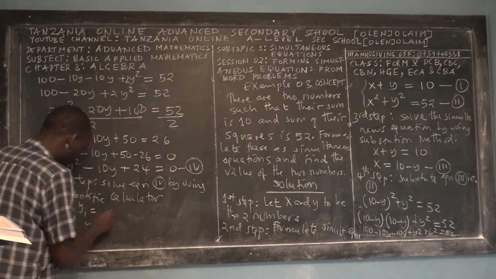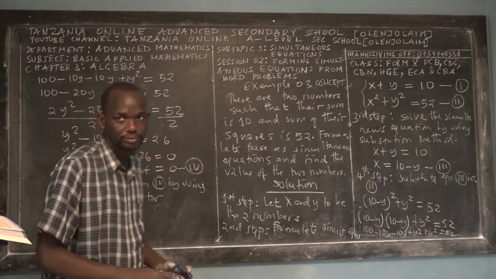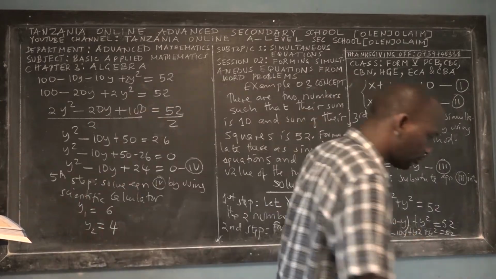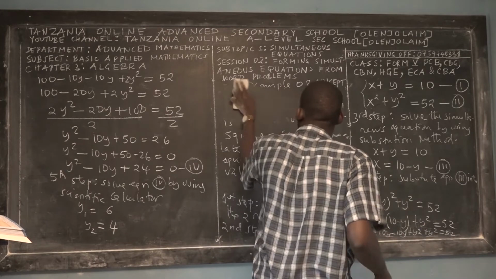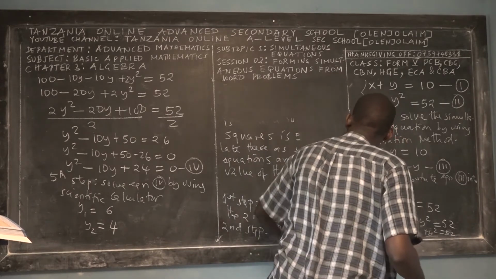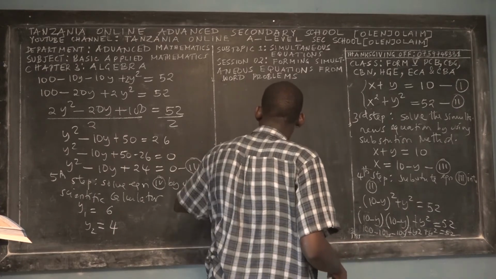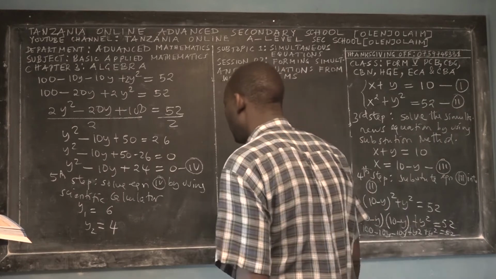So the first value of y is 6, and the second value of y is 4. I'm about to finish this session in order to leave the homework for you so that you enjoy it, and we'll meet in the next session, which is session 3.